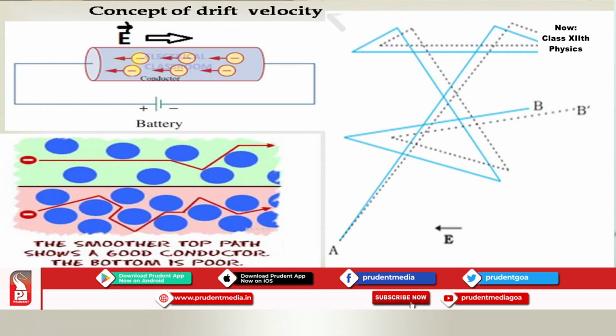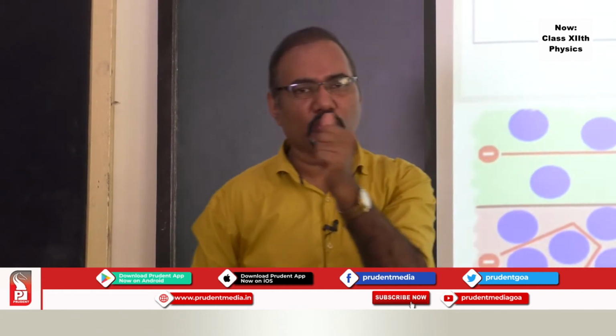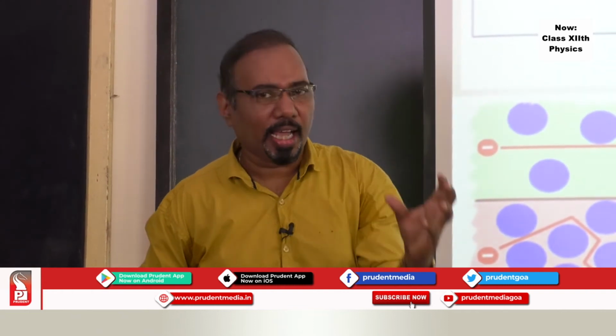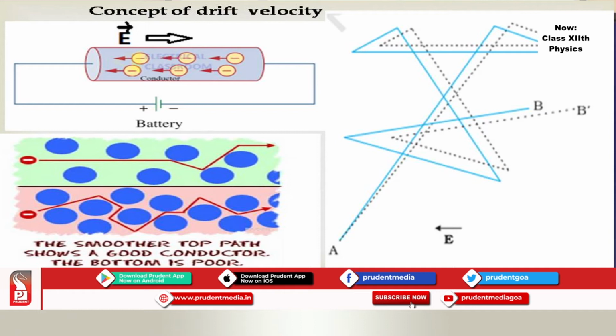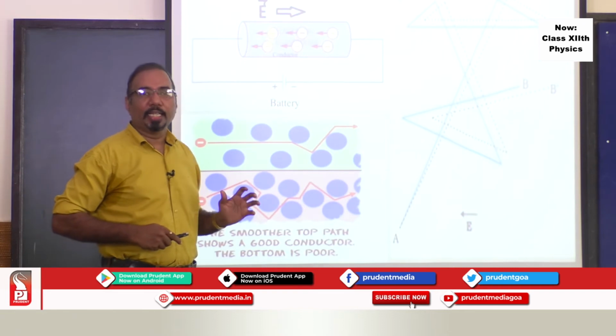But when the potential difference is applied, what happens? The speed of the electron is more or less 10 raised to 5, 10 raised to 6 meters per second, a very large speed. So with that large speed, they collide. Now, this blue path which is shown is the collision path experienced by the electron when no potential difference is applied.